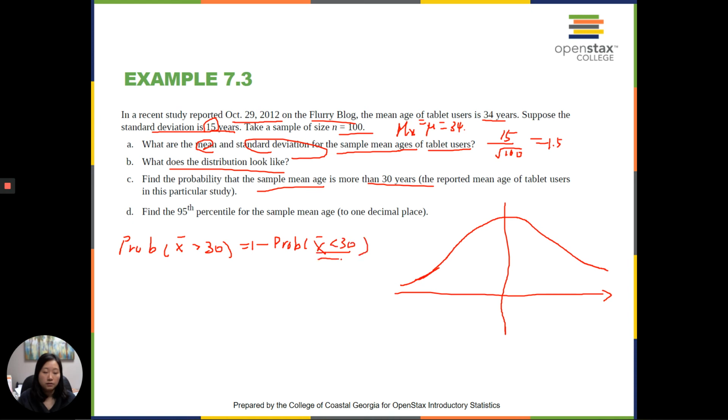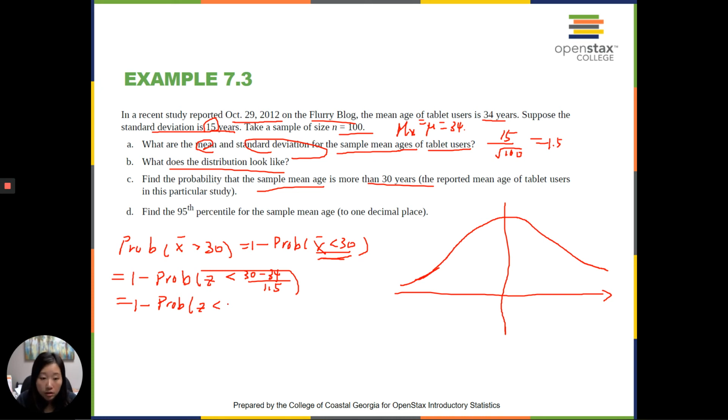And this less than is the cumulative distribution function that we talked about earlier. So it becomes 1 minus the probability that the z-score is less than 30 minus 34 divided by 1.5.